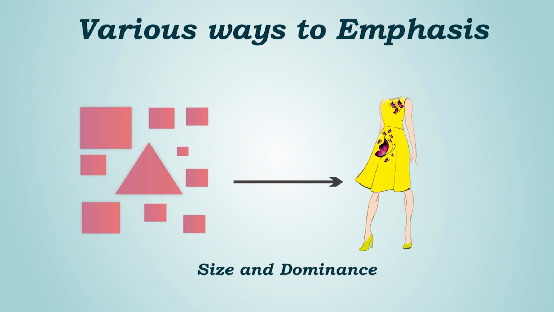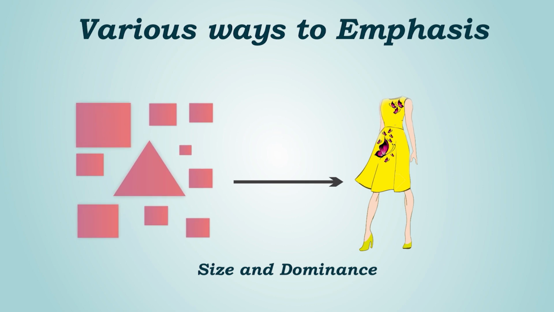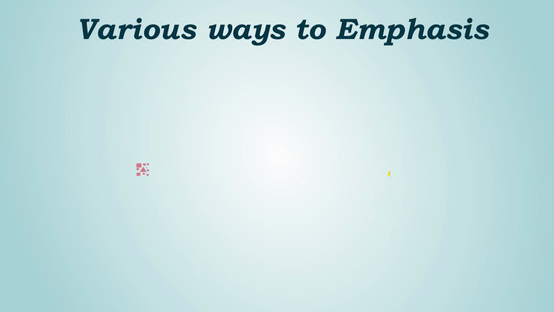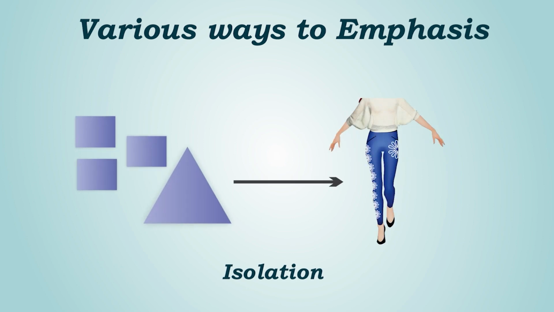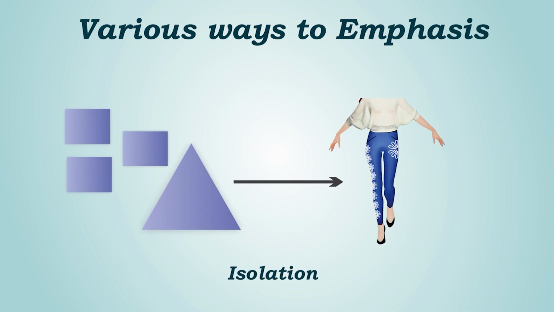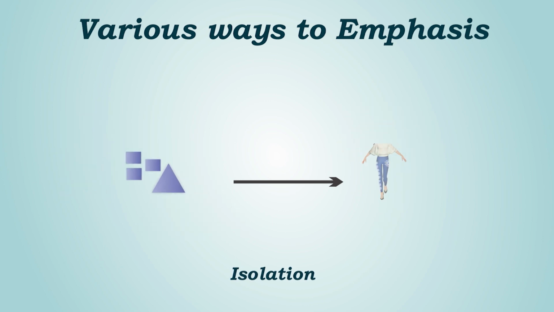These three were the most simple ones to use, but the more complicated ones are as follows. One can be size and dominance. Using it with caution is very important because it can lead to a wonderful design or to a mishap. Next comes isolation. This is mostly used when we talk about accessories or when we talk about different elements being combined together.